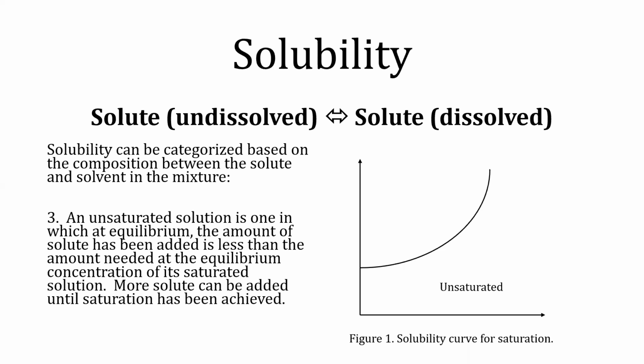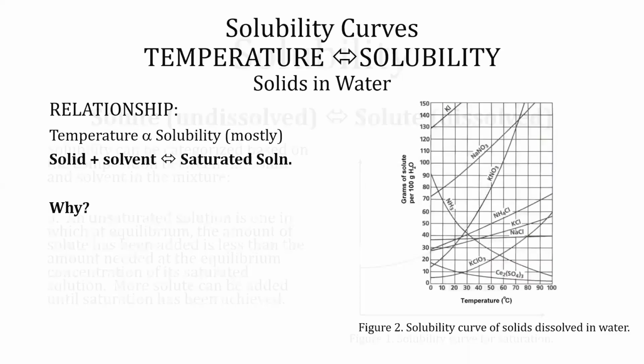Now, discussion of solubility with respect to both temperature and pressure is presented. First, with respect to solids dissolved in water, the relationship is that temperature is proportional to solubility for most ionic compounds.